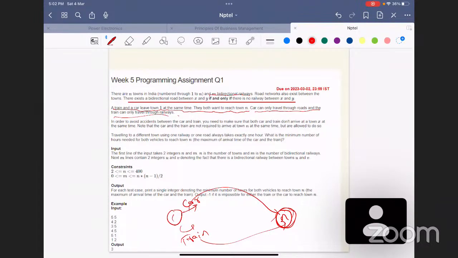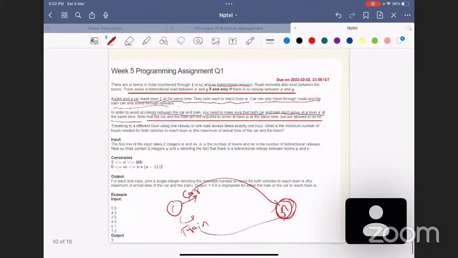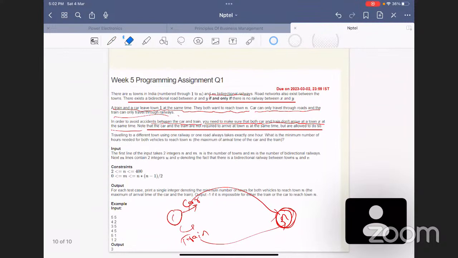Next, in order to avoid accidents between car and train, you need to make sure that both car and train don't arrive at a town X at the same time. Note that the car and train are not required to arrive at town N at the same time, but are allowed to do so. What does this mean?